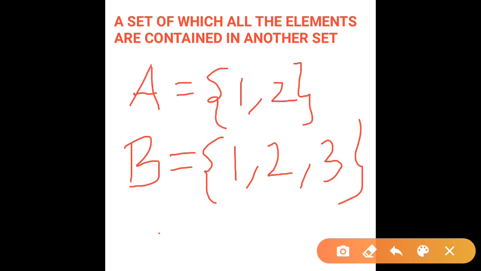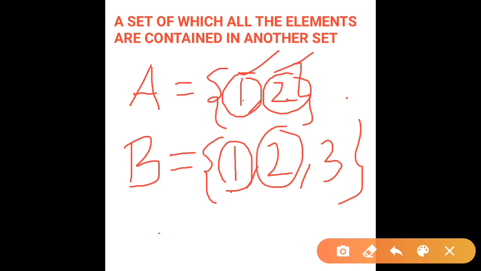Let us see this definition once again: the set of which all the elements are contained in another set. Taking A first, it has elements 1 and 2, and those 1 and 2 are also present in B. So A is a subset of B.